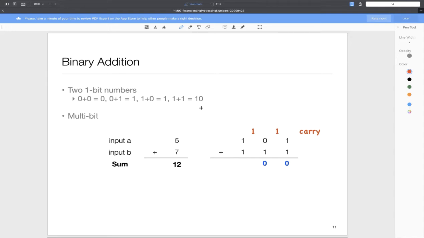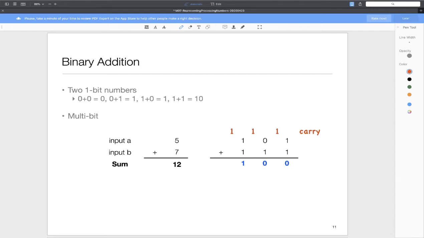Right, so here I added these to get a 0 and a carry out of 1. You can see 1 plus 0 plus 1 is 2, so it's 0 plus 1 in the 2's position. Here I have to add this: 1, 1. Excellent. So that's what I will get, and that's obviously 12. So that's what follows.